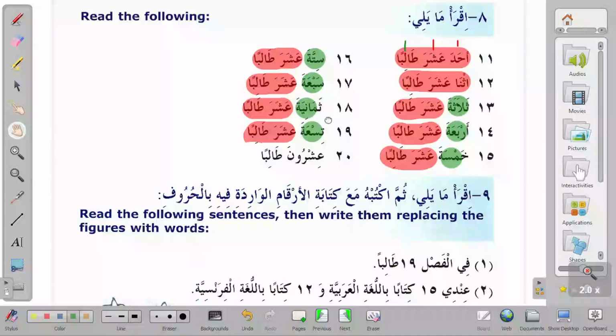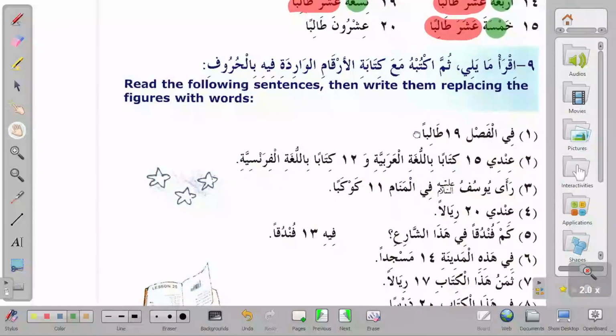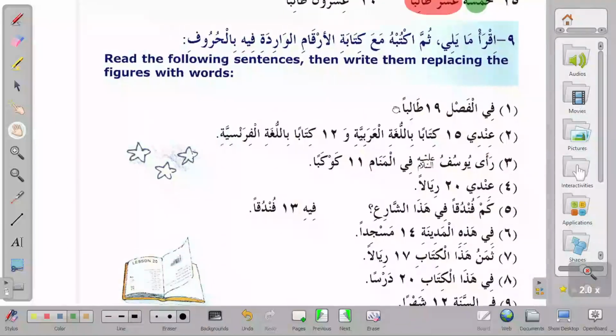Let's continue. So we have here, I think exercise 9, right? They said, "Read and then write it, writing the numbers mentioned in it in words."